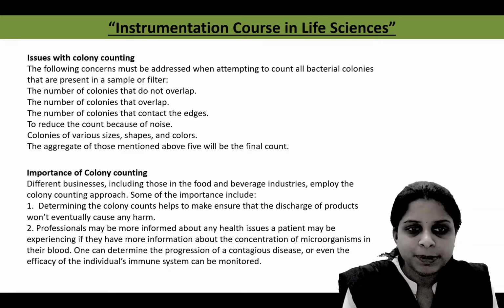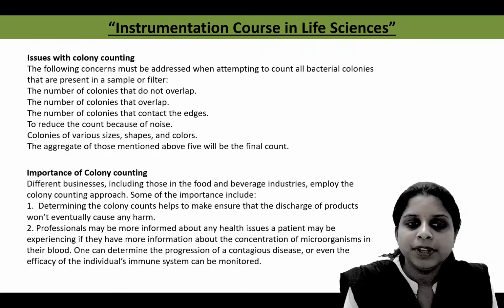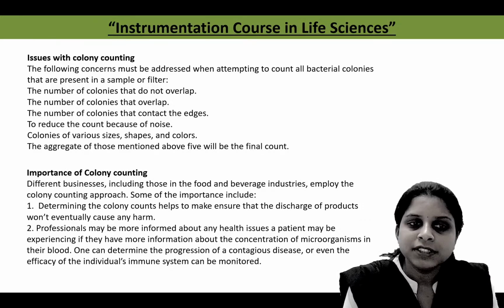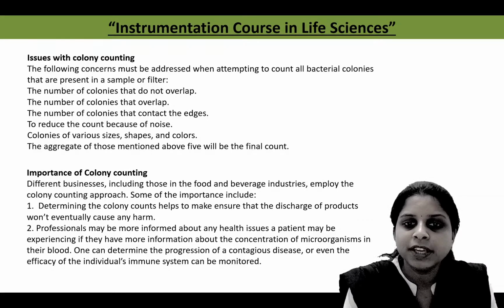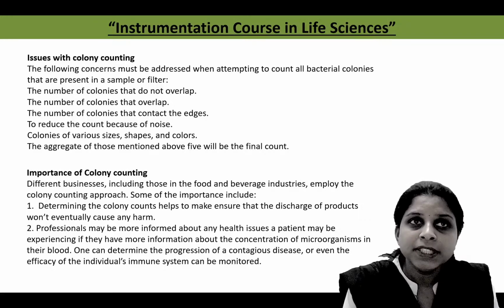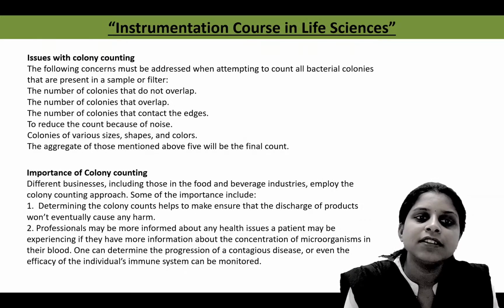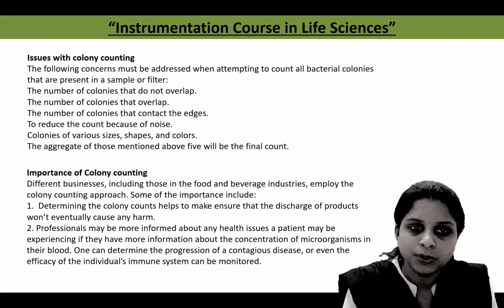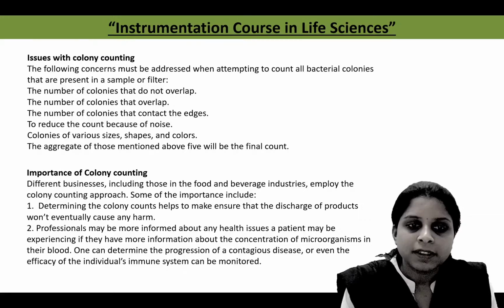In different businesses like the food industry or beverage industry, the number of cells which can produce a product are measured with the help of colony counting. Determining the colony counts helps to ensure that the discharge of a product wouldn't eventually cause any harm. If we can calculate how many cells are present in that medium, then how many cells produce a product can be concluded, or the amount of product produced under those conditions can be concluded.